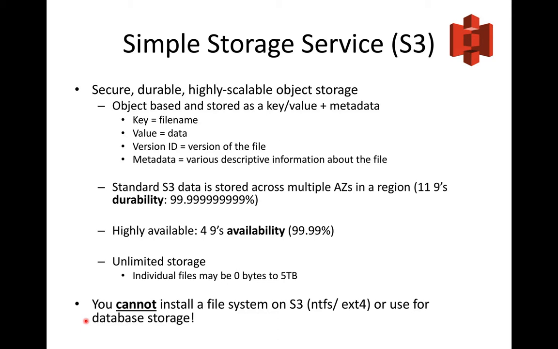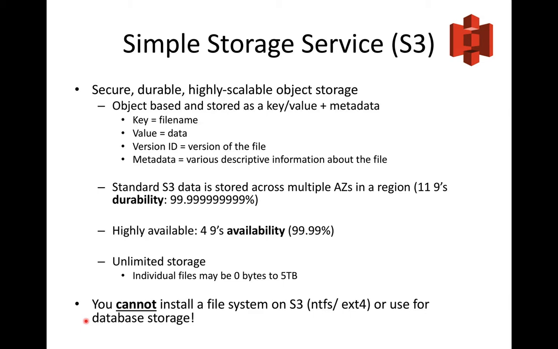S3 objects are web accessible storage, meaning that every object in S3 is also accessible via a web URL. And we'll see some examples of that here in a little bit. Now, S3 is a regional service.